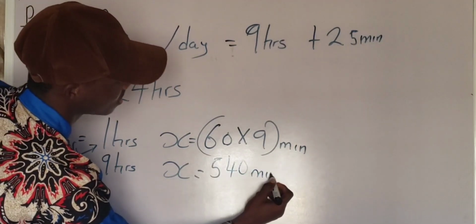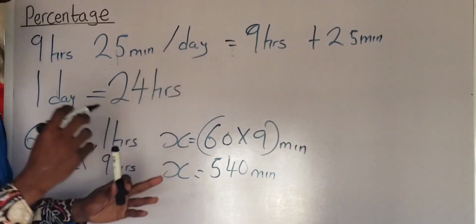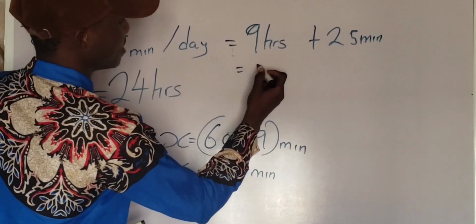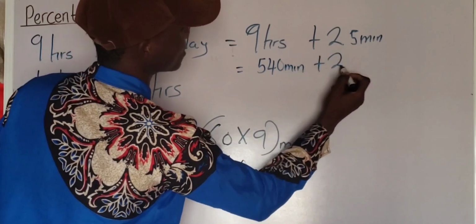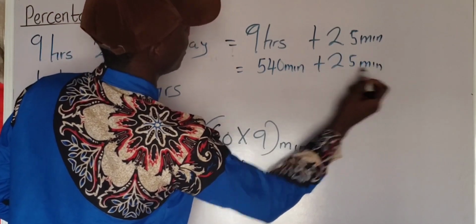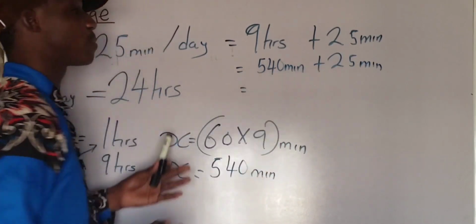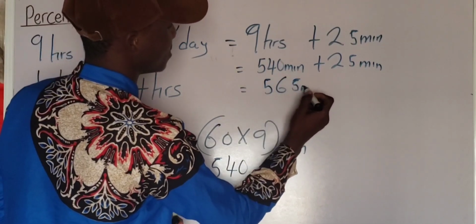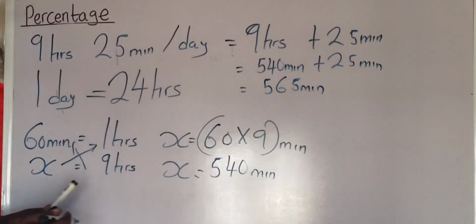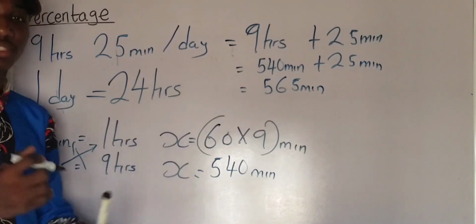So 9 hours is equal to 540 minutes. Now I'm going to have 540 minutes plus 25 minutes, that is 565 minutes. So 9 hours, 25 minutes is 565 minutes.